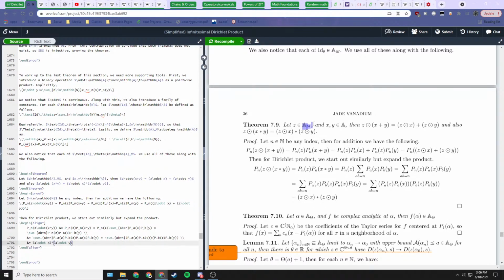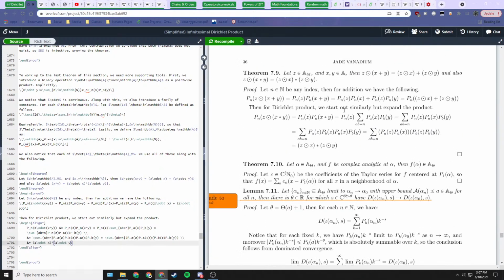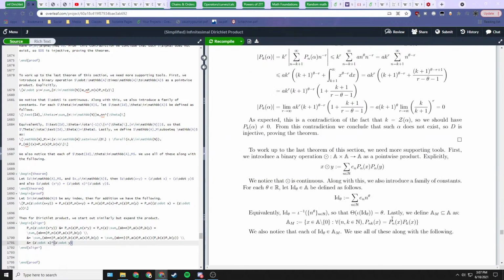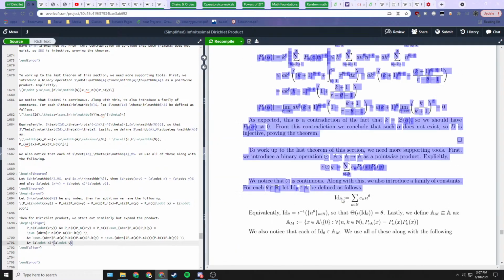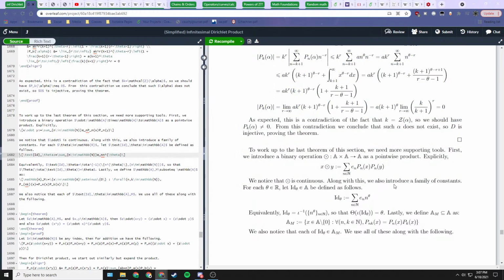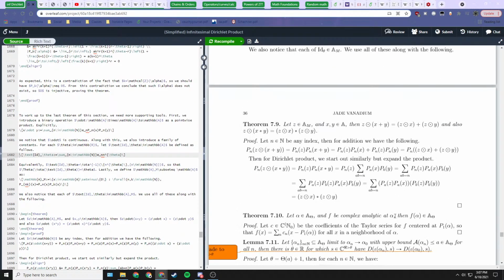So if we have something in A sub m, then O dot will distribute over addition and also distributes over convolution. So this is essentially what we need. Now that we have this, this is very useful. This is going to help us. We're going to use this with these ID thetas.